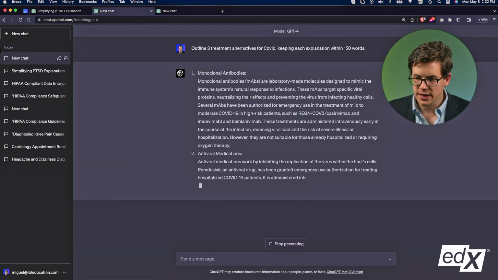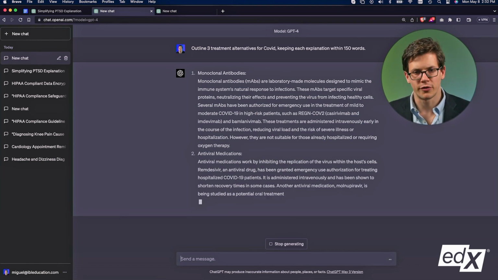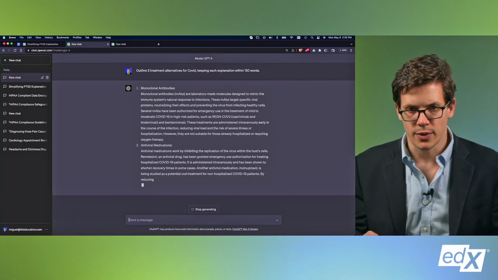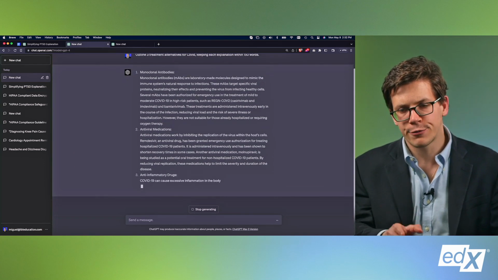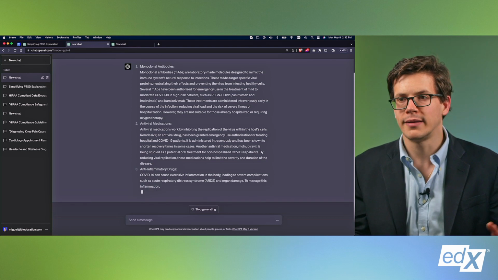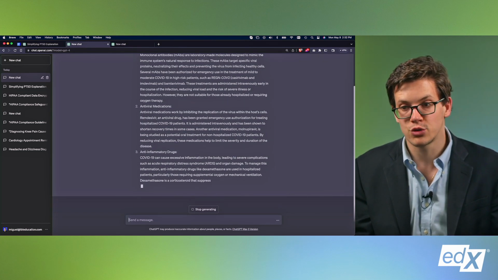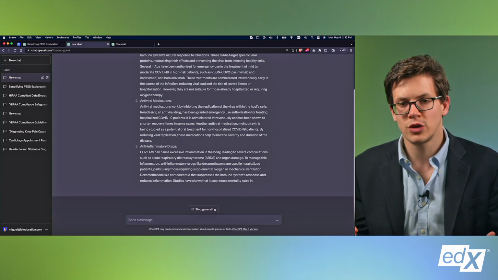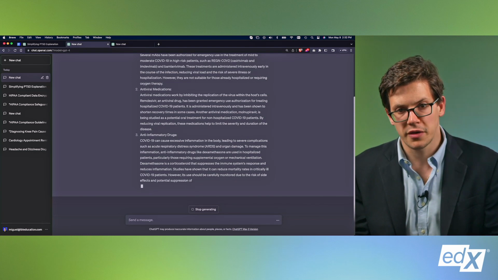Now, we always have to be careful to run this by maybe a medical professional that we trust, et cetera. What this is doing is looking at other information that has been written about, in this case, monoclonal antibodies, antiviral medications, anti-inflammatory drugs, in the context of being a treatment to COVID. It's not saying that this is necessarily the answer.